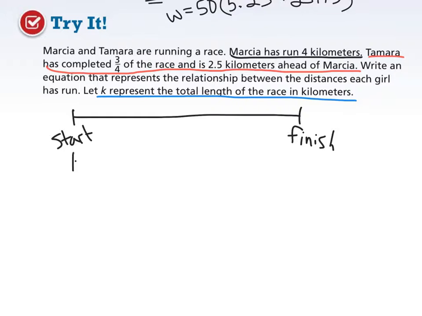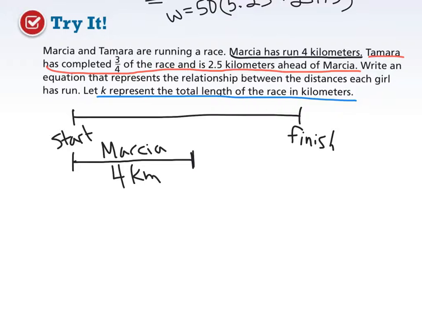Now, 4 kilometers, I don't know exactly how much of the race that is. It could be less than half, could be half, it could be more than half. I don't really know, but it's some part of the race that Marcia's run, okay? She went from the start until some distance, and she's run 4 kilometers.